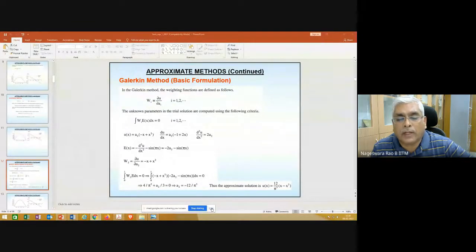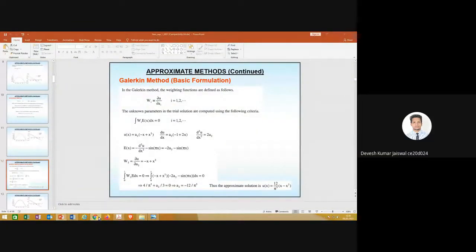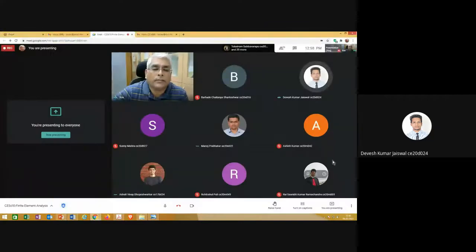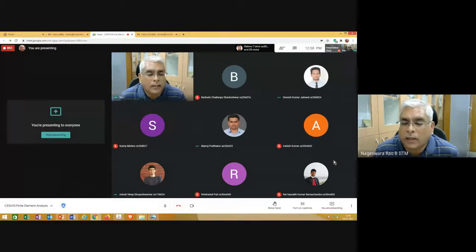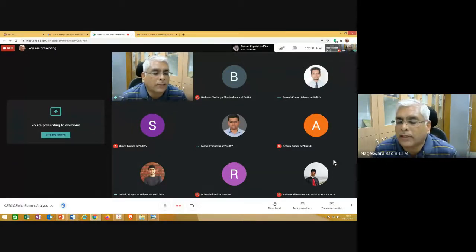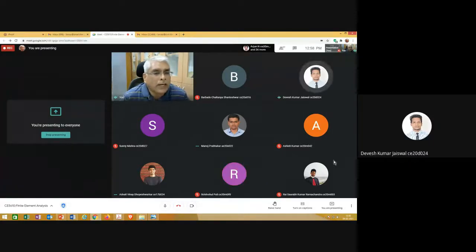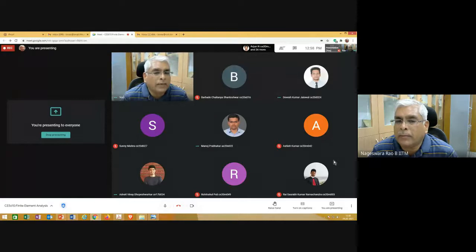Sir, in terms of calculation, collocation method is the best one, no? No, it's not. I'm telling you, the effort always lies in the number of equations you are solving. So the number of equations that you end up solving is going to be the same for all the methods. Okay, but for understanding, you may be thinking that from integration, I can avoid integration.